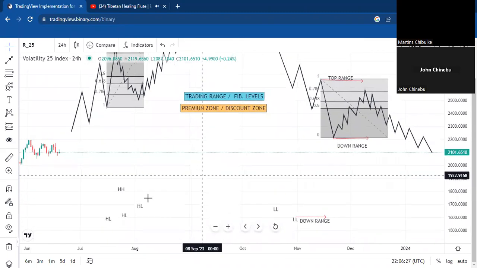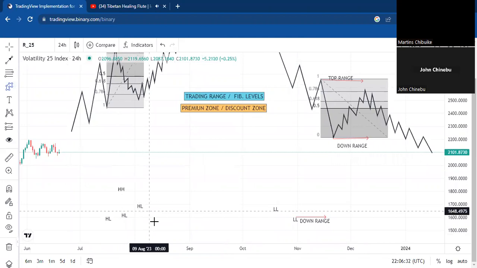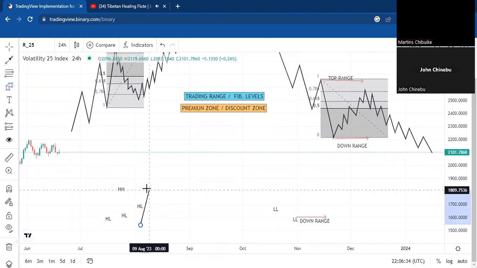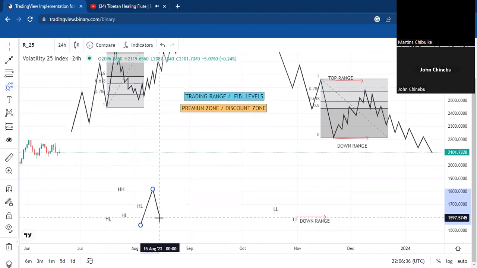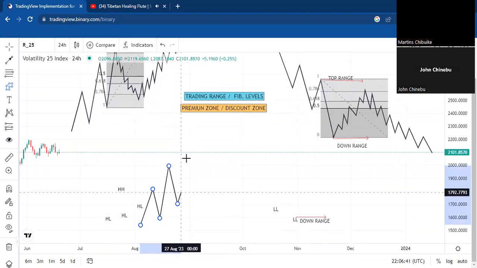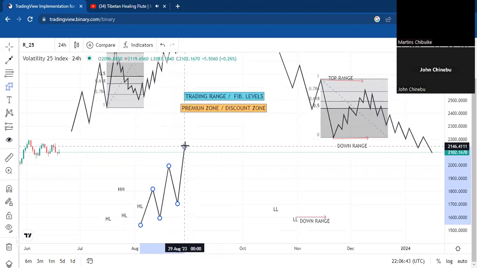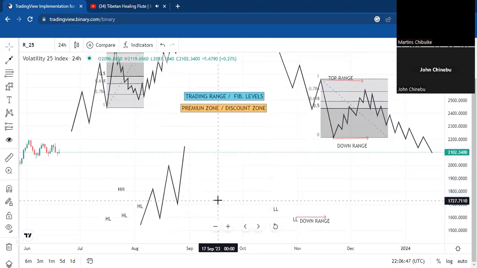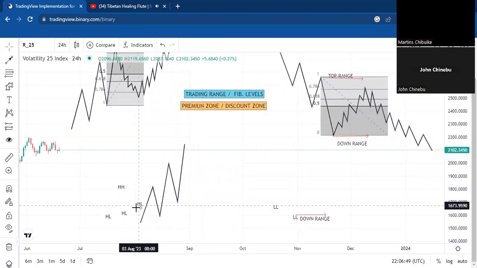So now, let me use bullish. When the market is giving you a series of higher high, higher low, higher high, higher low, and higher high. Let me stop here. First of all, you identify your structure.